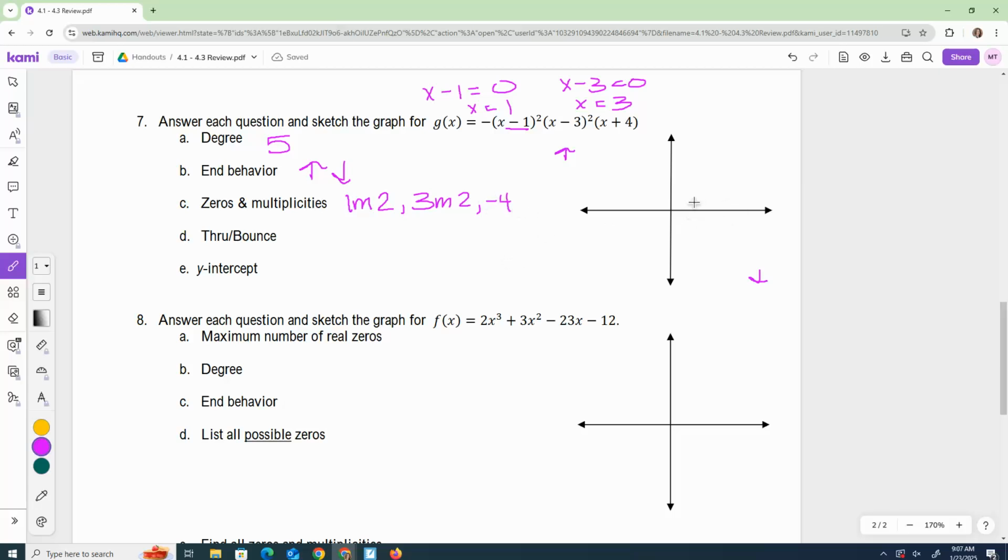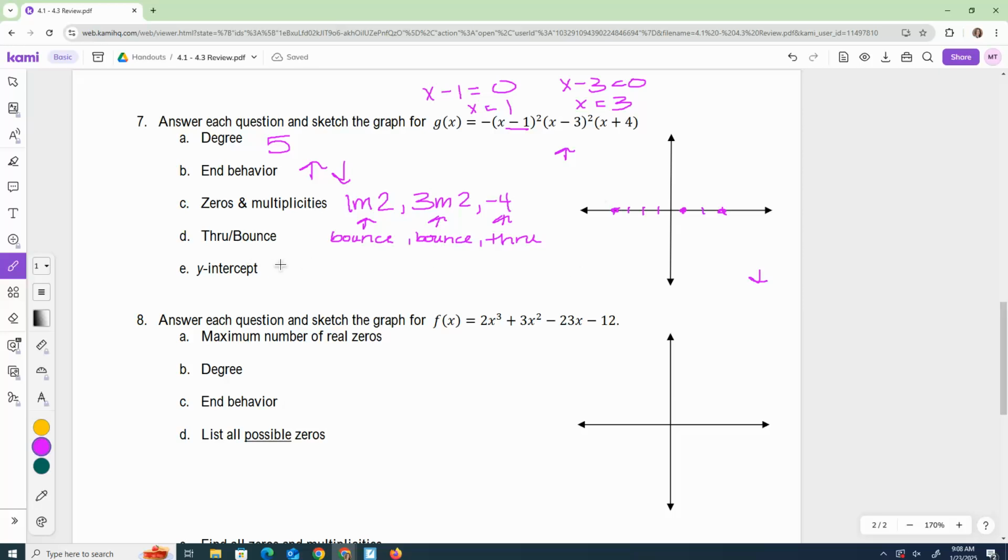So that's where I'm hitting my x-axis: -4, 1, and 3. Okay, how do I know if I go through or bounce? Even or odd multiplicity. So 1, 2 is even, so bounce. At 3, also bounce. At -4, that's just a multiplicity of 1, so it will go through.